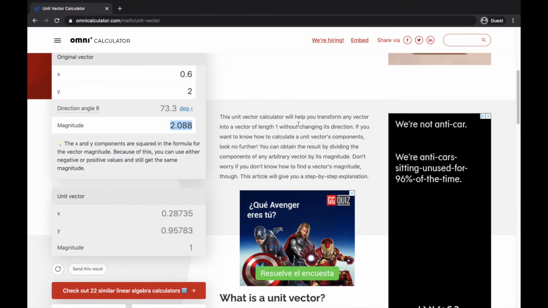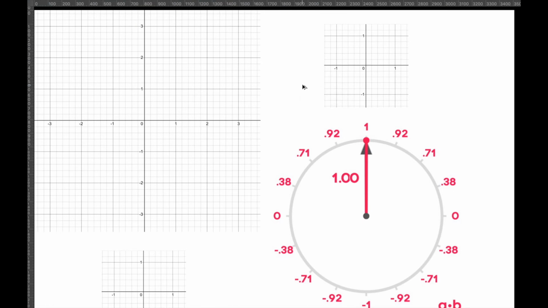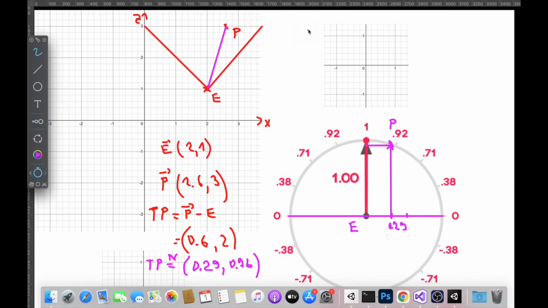So let's write here the dot product of our normalized vectors: our normalized vector of 0.29 and 0.96, dot product with transform forward. Transform forward is the forward vector of the enemy.